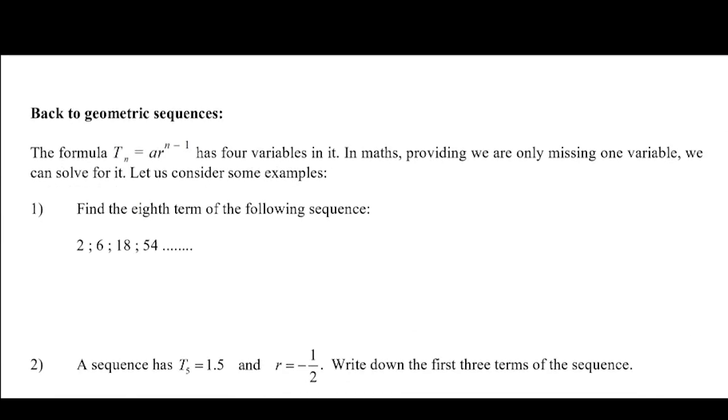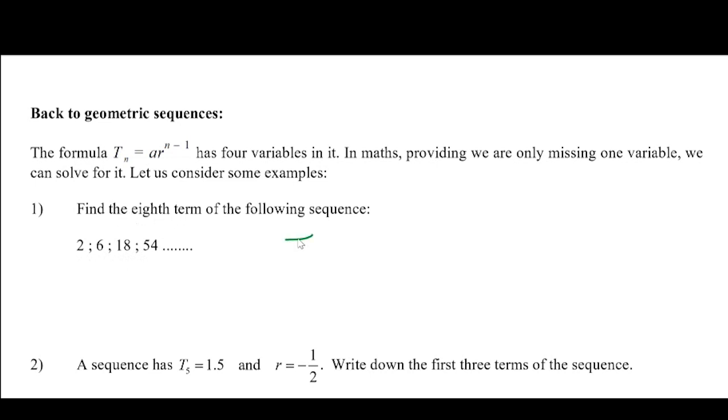Right, let's go now back to geometric sequences, and we're going to use our new formula, Tn equals ar to the n minus 1. And just as we did previously, if we are missing just one variable, then we should be able to calculate it. So for example, this question says find the 8th term.